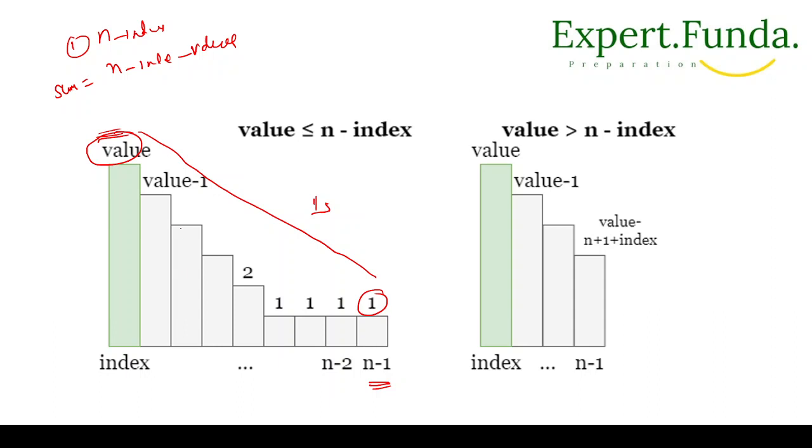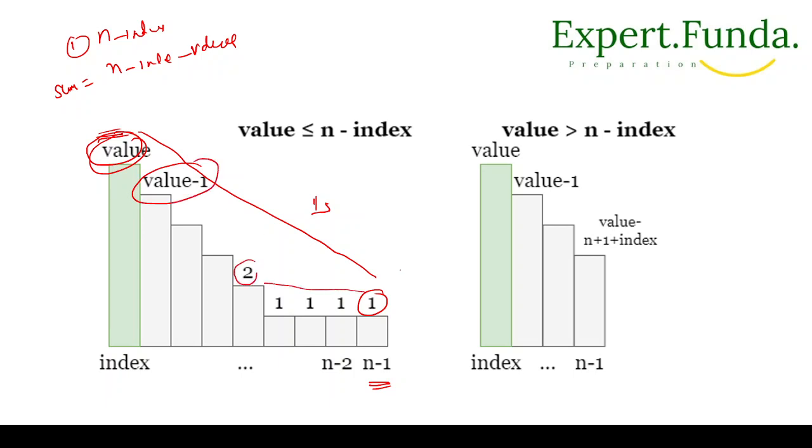The sum of all the elements from the index, including nums at index, is made of two parts. The first is the arithmetic sequence, which starts with the value, then value minus 1, and it continues similarly like this.